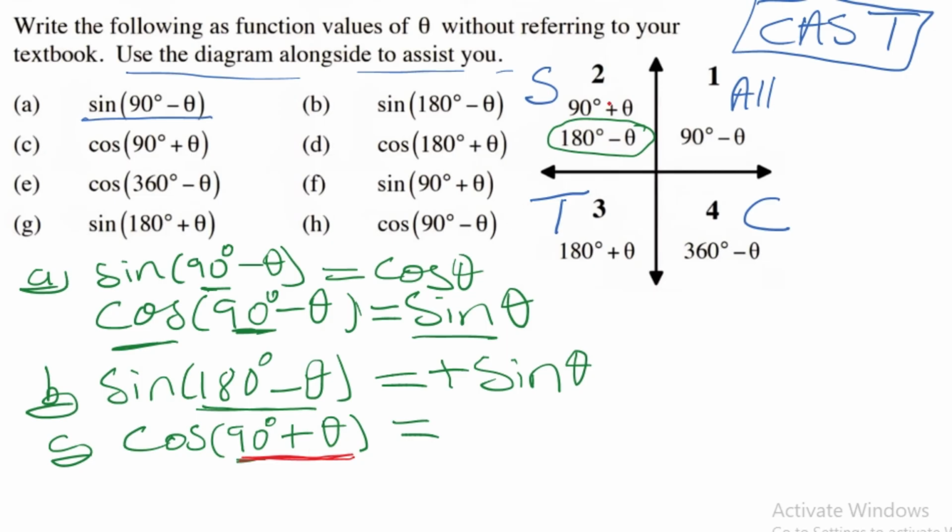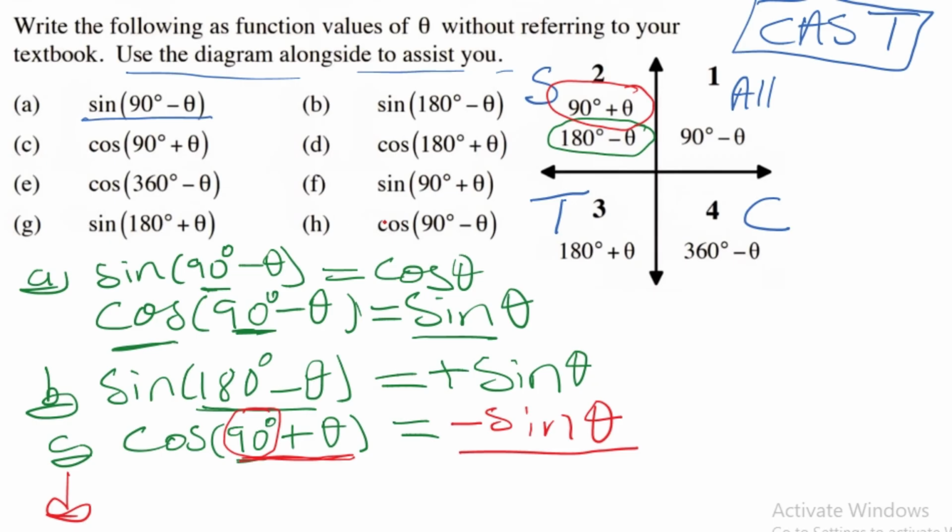It's on the second quadrant. And on the second quadrant, only sine is positive. The other ratios are negative. Therefore, this is cos, so it must be negative. So we'll have negative. Now we come to this 90 degrees that we are having here. The fact that it's 90, that must change to sine. So we will have sine theta, and the answer will be negative sine theta.